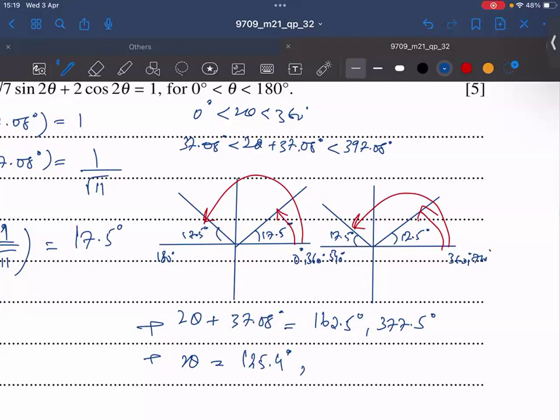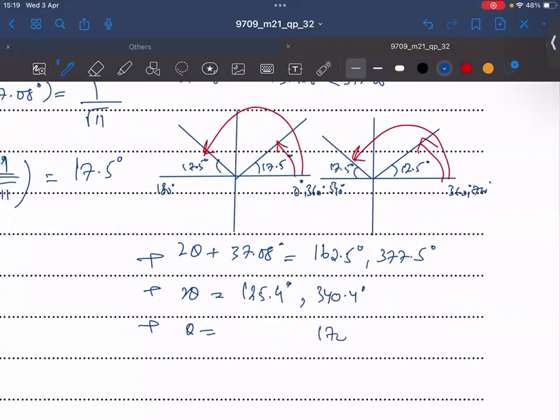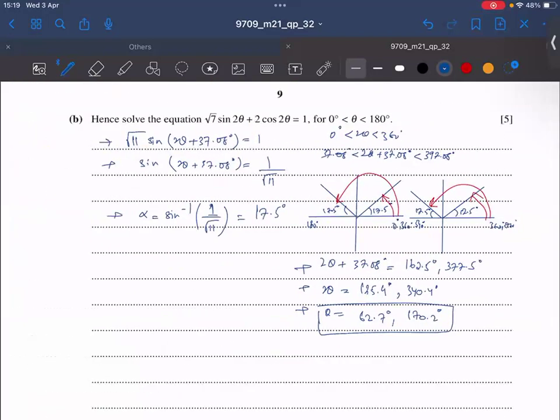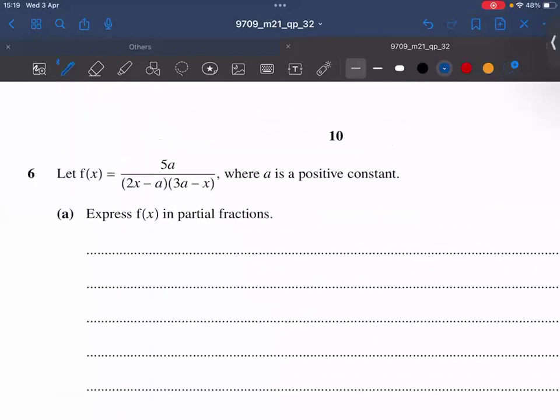The other one is 340.42. Now divide each of these angles by 2. The first one is 62.71, and the other is 170.2 degrees. Is it clear, Mr. Bilal Ahmed? Yes sir, clear.